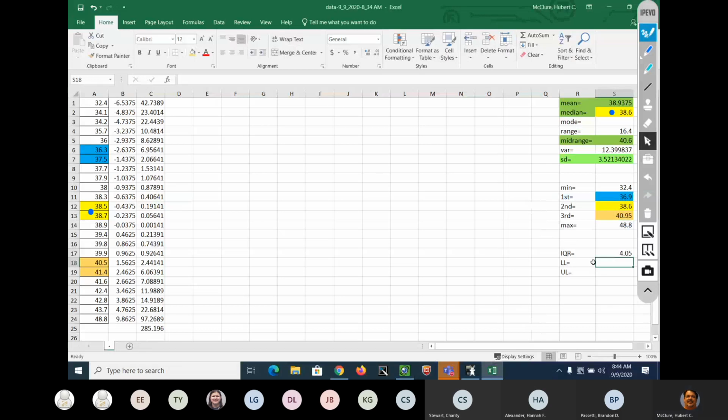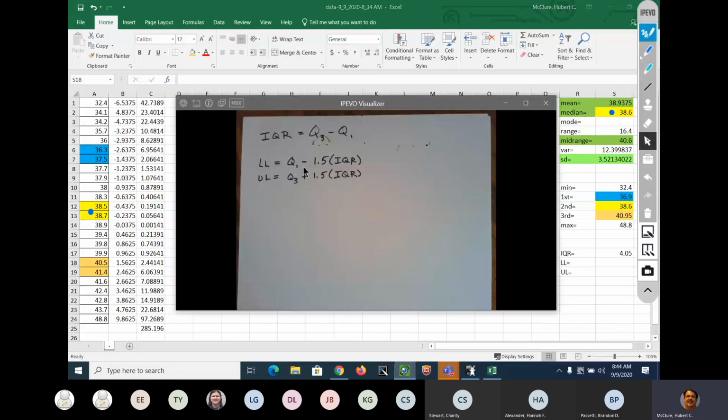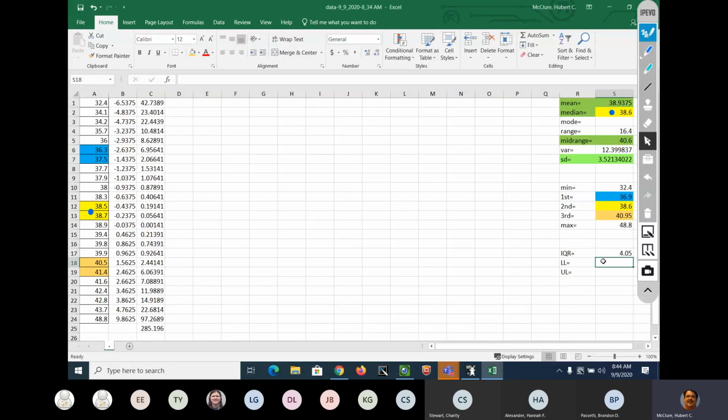Okay. And now go back to our formula: Q1 minus 1.5 times the interquartile range. So this guy is going to be Q1 equals Q1 minus parentheses 1.5 times interquartile range, close parentheses.